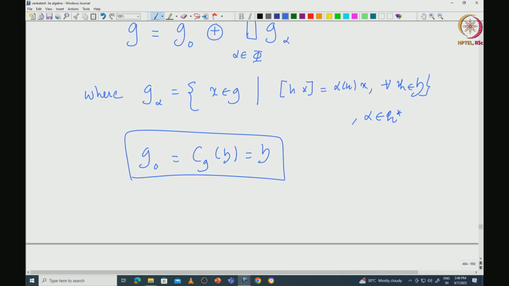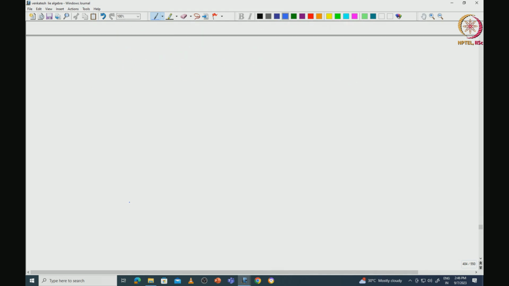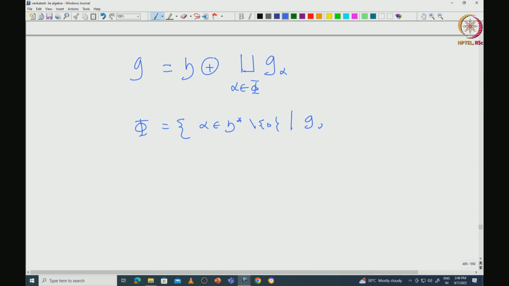With this we have the root space decomposition. Let me write it again. G is equal to H direct sum of G alpha over alpha in phi, where phi is the set of those alpha in H star, different from 0, such that G alpha is non-zero. These elements of phi are called roots.